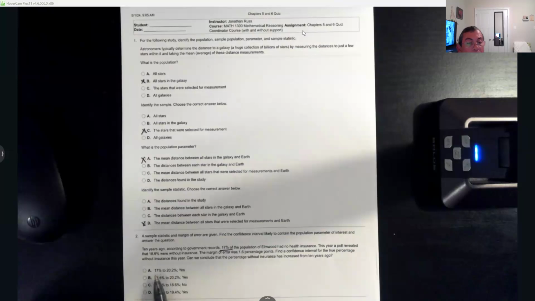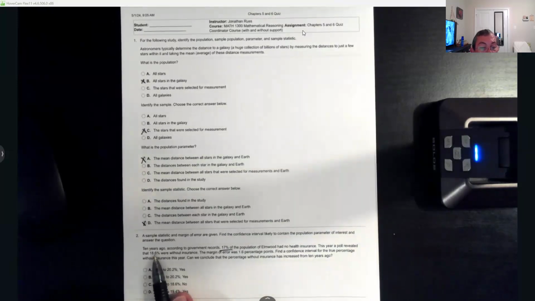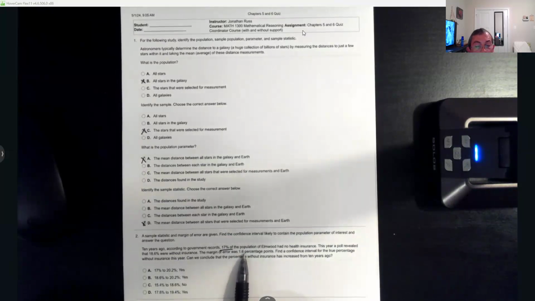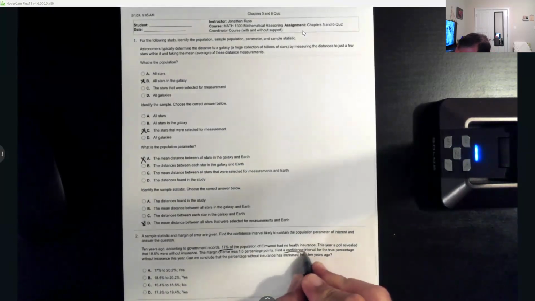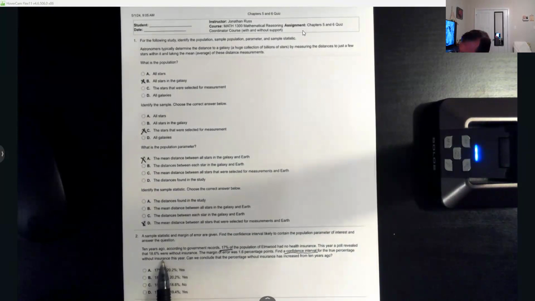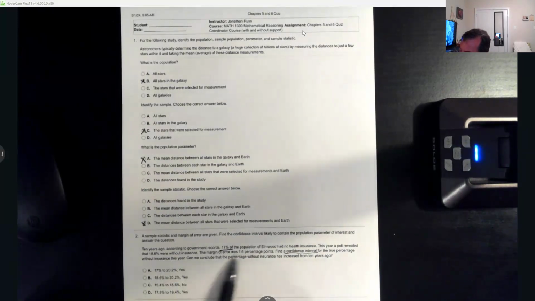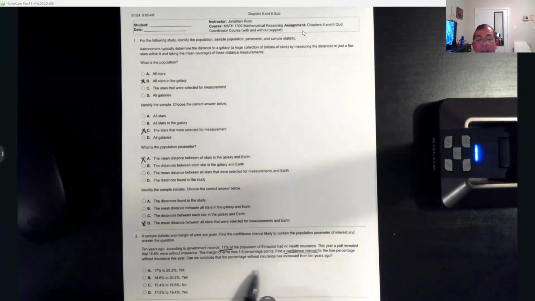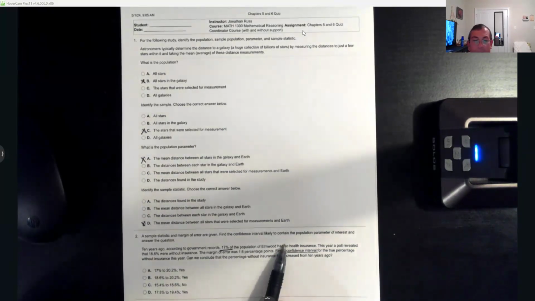This year, a poll revealed that 18.6% were without insurance. And that margin of error was 1.6%. So they want me to find the confidence interval for the true percentage without insurance this year. So this new one right here. And then can we conclude that the percentage without insurance has increased from 10 years ago?